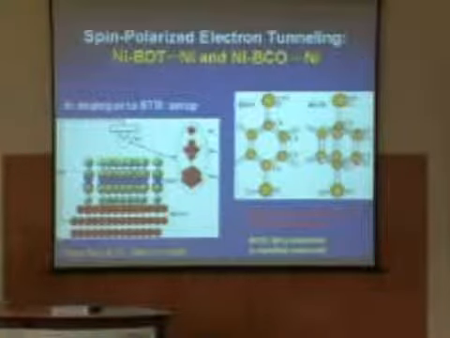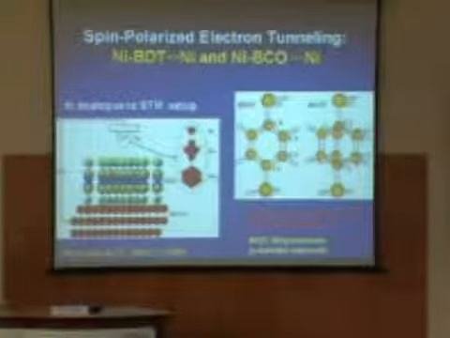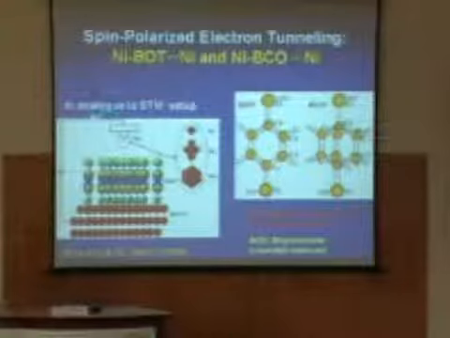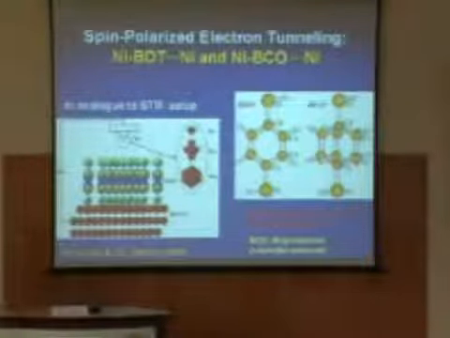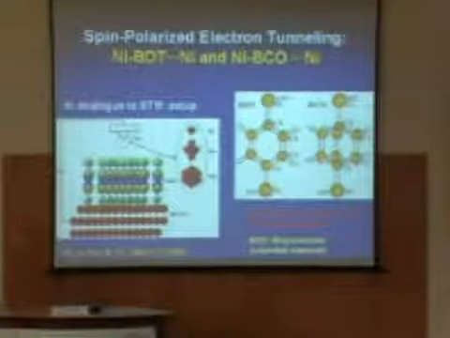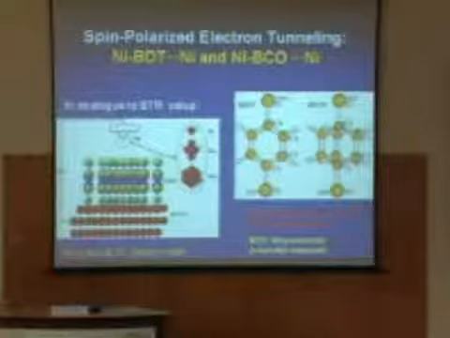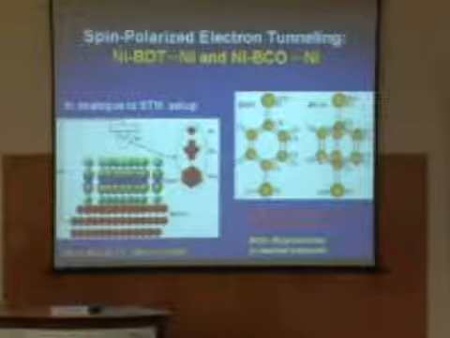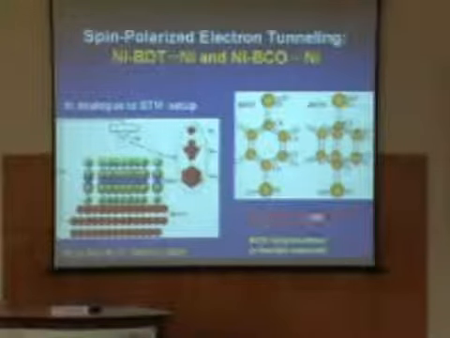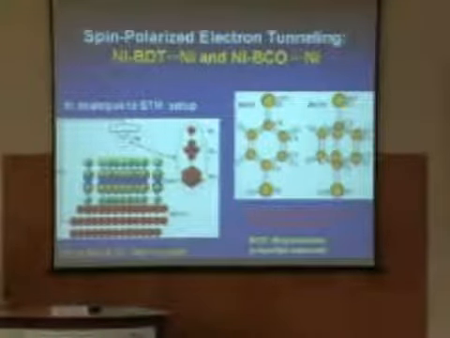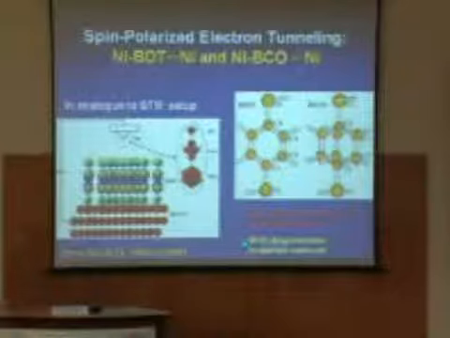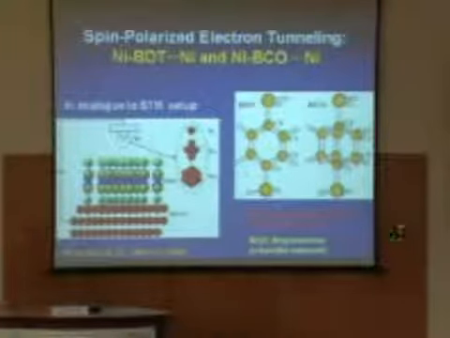Now let's do some calculations. Typically, as you know, people use an STM setup to do experiments. So I pick up a similar setup. What I have here is a magnetic substrate, in this case nickel 111, and a self-assembled monolayer of either this BDT, which is benzene 1,4-dithiolate molecule, or BCO, which is bicyclooctane.